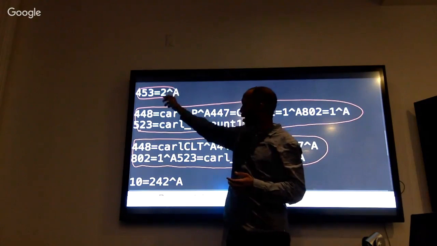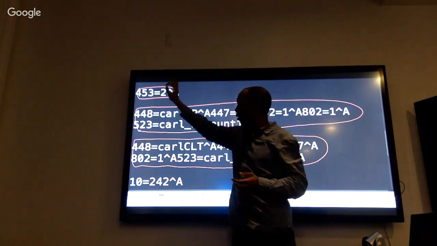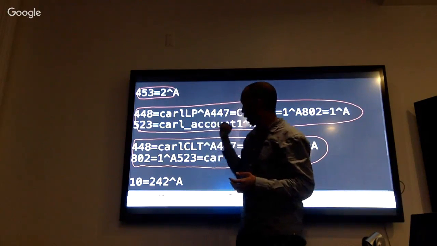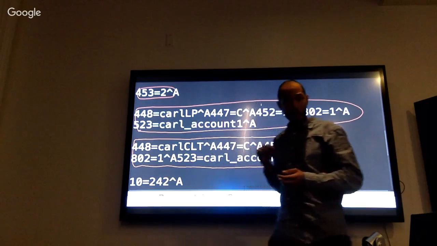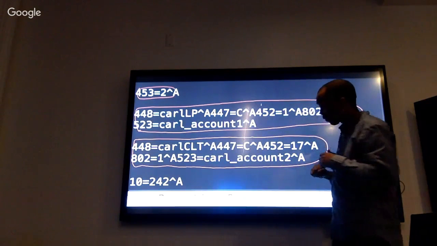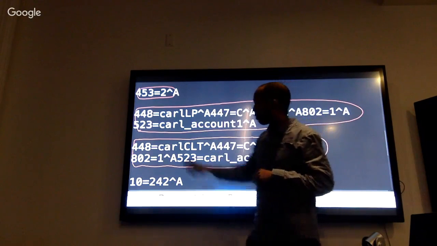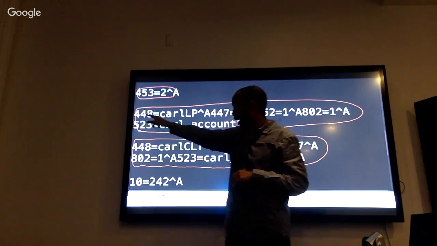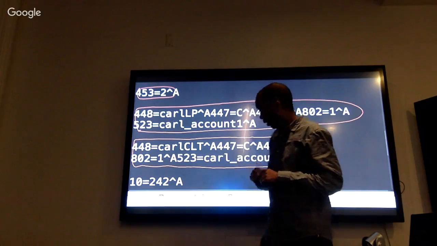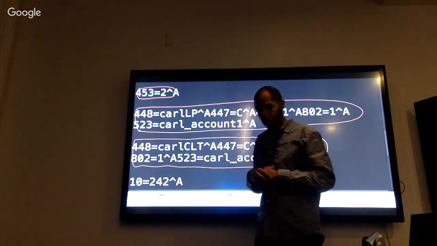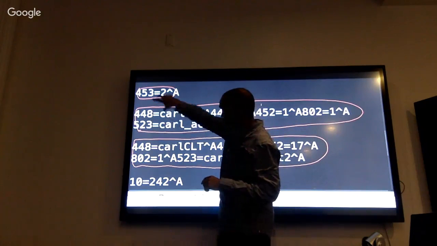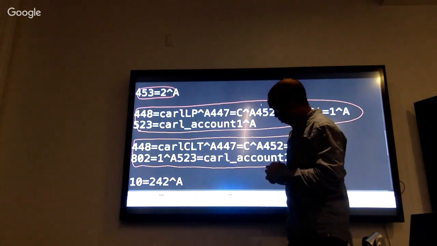When I see caret A, I know that is the end of that tag value, and another tag-value pair is coming up, right? So as far as the repeating groups, the marker is 448. When I see 448, I know this begins a new group. When I see another 448, this begins the second group. These are the two groups referenced in 453 equals 2, right?